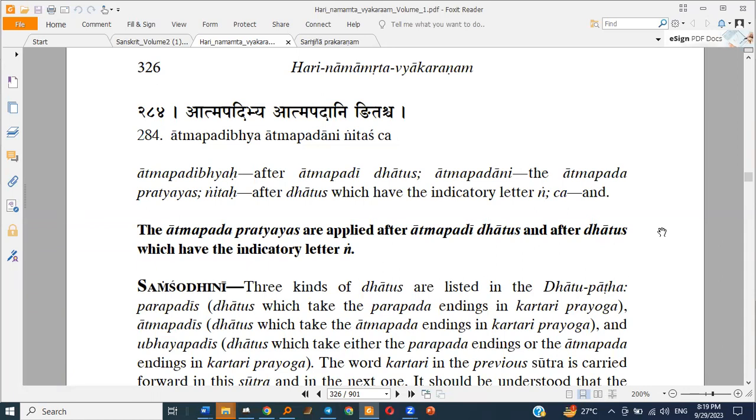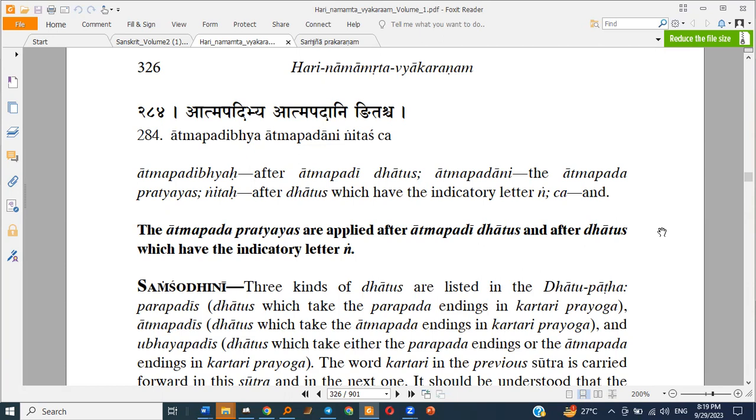Now Dhatus are also of various kinds. First of all, we had read those 10 categories, those 10 ganas, the classes. Now all the Dhatus are variegated in the sense that some Dhatus are Parapadi Dhatus, some are Atmapadi Dhatus, and some are Ubhayapadi Dhatus.